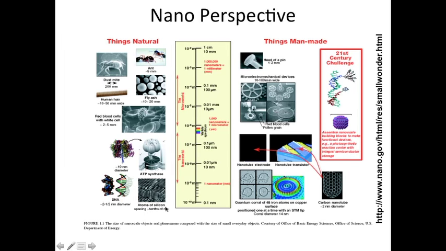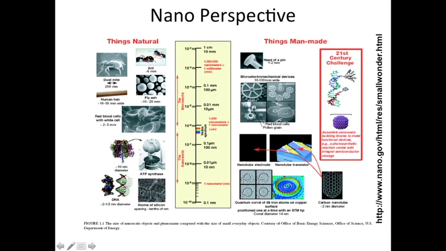Okay, atoms of silicon spacing. So yeah, that's also present naturally. It's a TEM image, looks like. So it's a transmission electron microscope image, and you can see how much resolution we have with that microscopy. You can see the atoms very clearly with that imaging technique, but that's definitely very expensive.